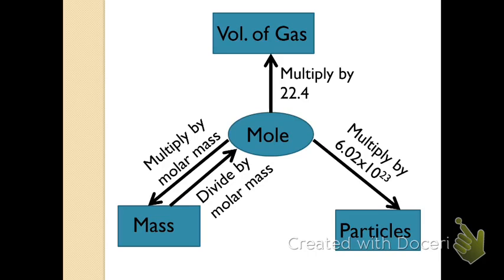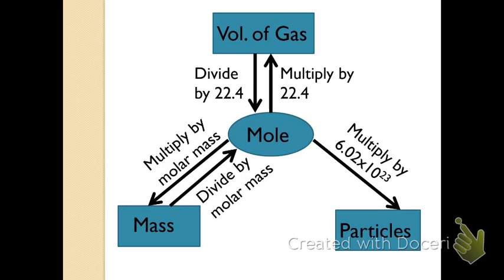To get from moles to a volume of gas, I have to multiply by 22.4 liters. To get from the volume of gas back to the mole, I'd have to do the opposite, which is divide by 22.4 liters. And to get from moles to particles, I have to multiply by Avogadro's number of 6.02 e to the 23.